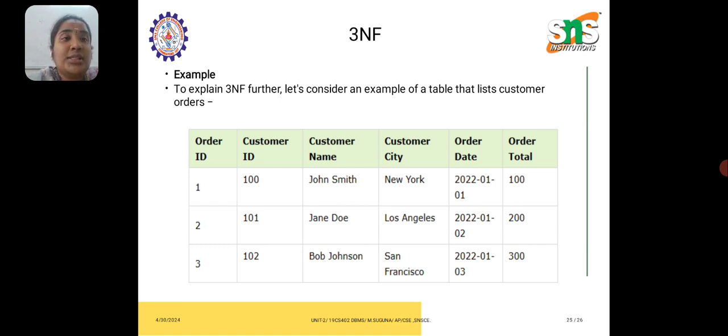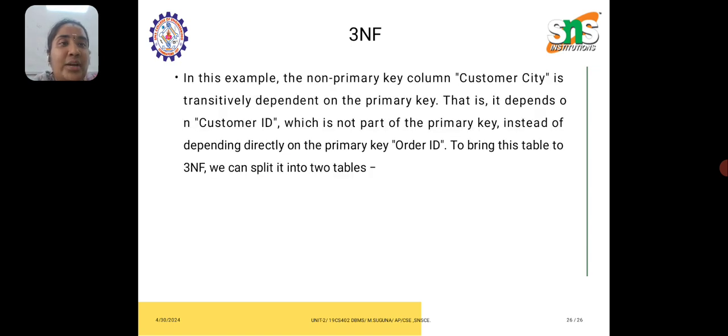And the customer city differs with New York, Los Angeles, and San Francisco. The order date 2022-01 is common for all three orders, with the last part being 01, 02, and 03, and the order total is represented as 100 rupees, 200 rupees, and 300 rupees.